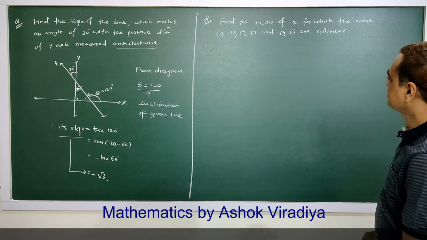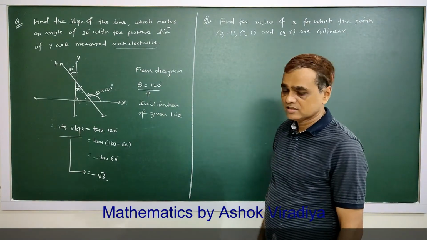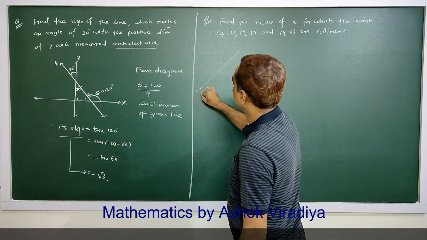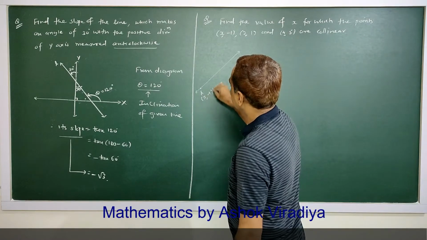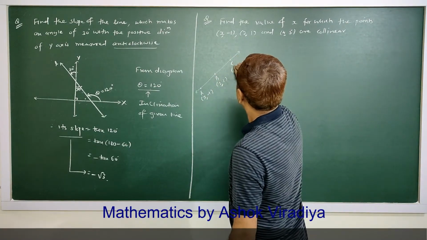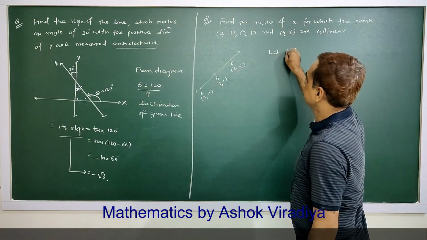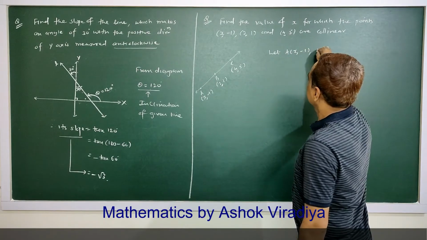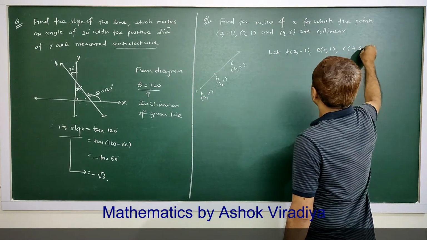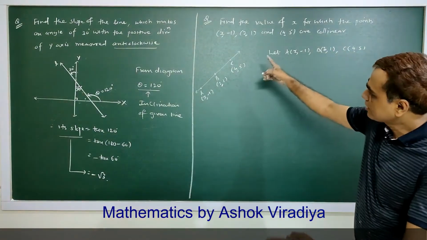Now here, these points are collinear. Suppose we name them like this: A (x, minus 1), B (2, 1), C (4, 5). This is a rough sketch. Points A, B, C are collinear.